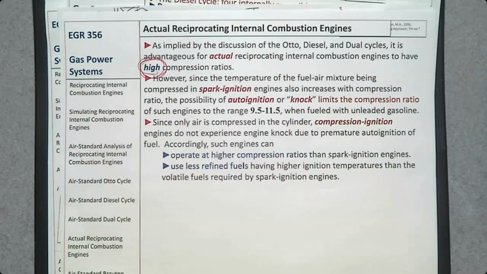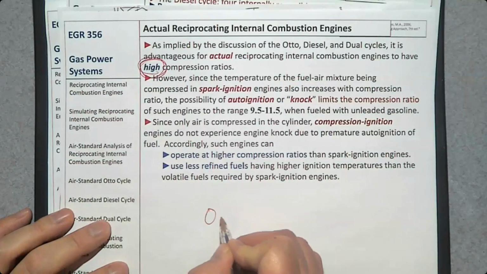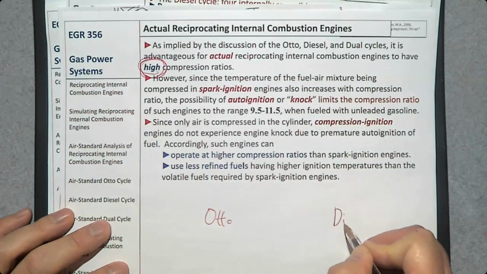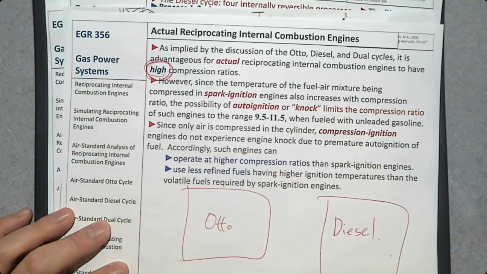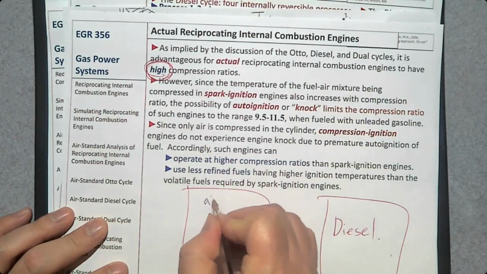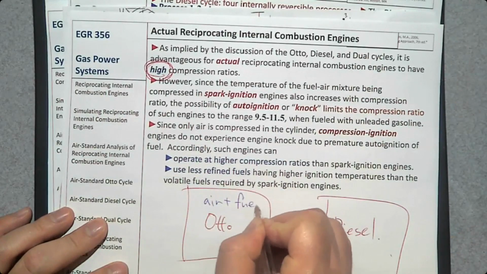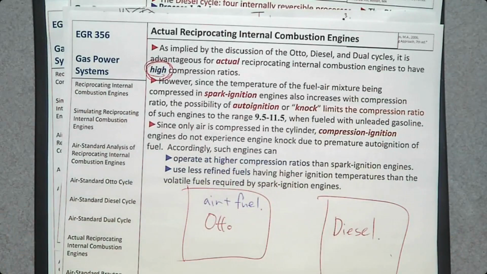On the other hand, in a diesel engine, which is compression ignition, we don't have an air-fuel mixture. So the main difference between the Otto cycle and the diesel cycle is that in the Otto cycle we have an air-fuel mixture in the system. So if you compress more, it undergoes the compression process and reaches high pressure.